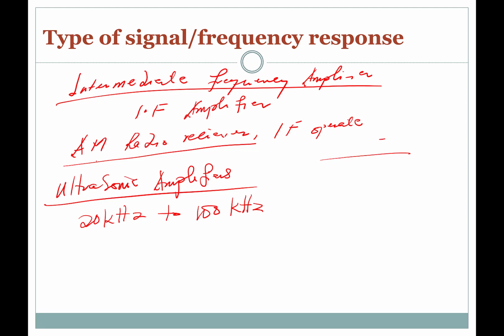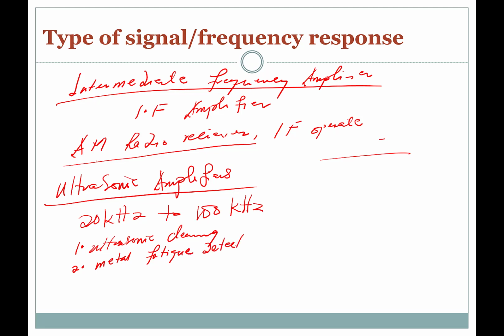They are usually designed for specific purposes, such as ultrasonic cleaning. Then they are also used for metal fatigue detection.